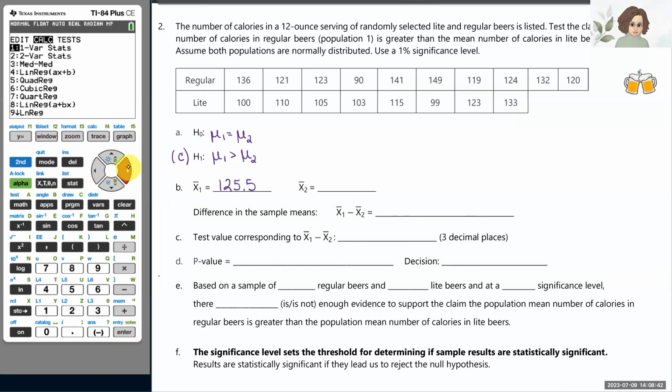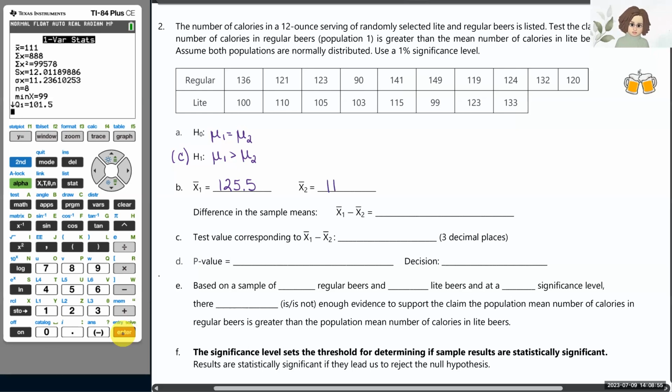Then I'll do my L2: stat, calculate, 1-Var Stats, and now 2nd 2 to get my L2. The calculator gives me the sample mean of 111 calories in the light beers.